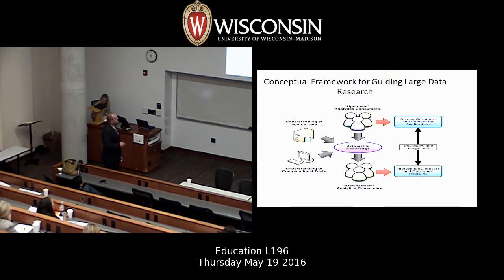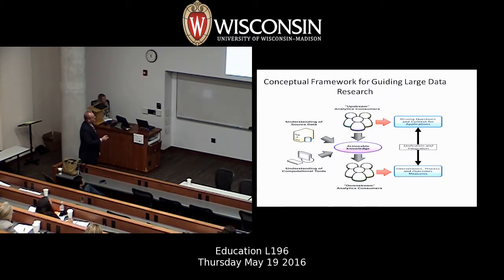So he has this nice fancy term for upstream analytic consumers, basically researchers, professors, think tanks who are generating information, thinking about these questions, generating these driving questions. And at the bottom of this, you have downstream consumers, who are basically practitioners. So we should start to be thinking, okay, I've heard about this through knowledge translation. And that drives to what he calls actionable knowledge.